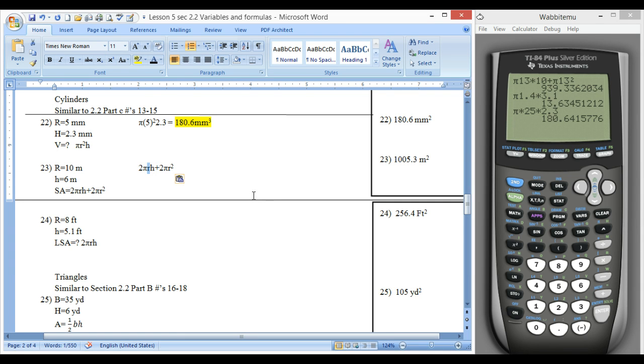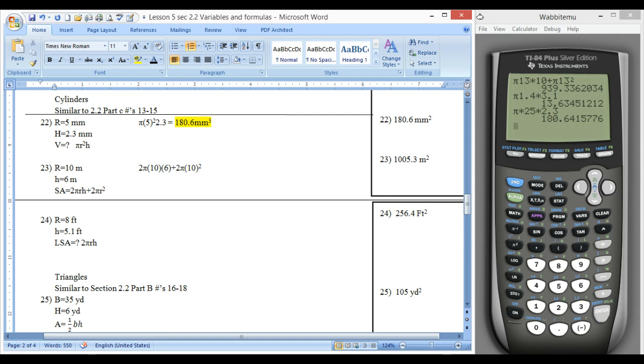And I'm going to replace r with what I was given as r, put a parenthesis, and type in 10, and then replace h with 6. And again over here with r, put parentheses around the 10 and put it in. That's kind of nice to see that it's actually being substituted in, and I'm replacing it and taking out the variables and substituting in the numbers that I know.